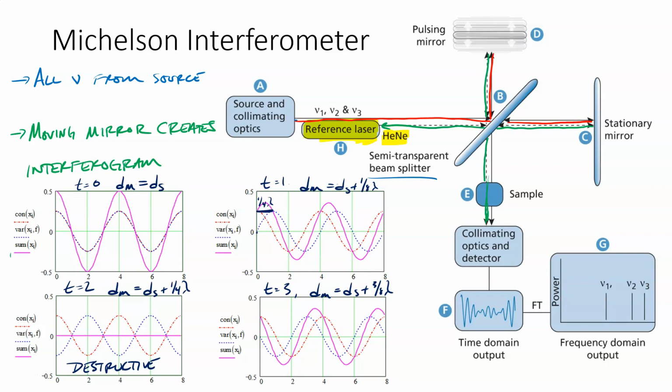It's red. And so this reference laser goes out, gets split by the beam splitter, goes up to the moving mirror, goes to the stationary mirror, goes through the sample as well. It actually might bypass the sample depending on your instrument, but it goes through the optics into a detector.